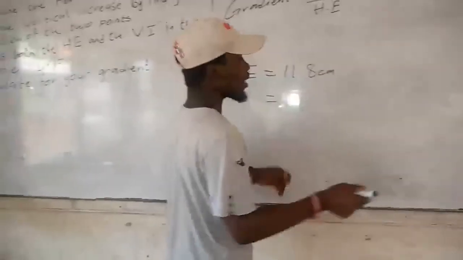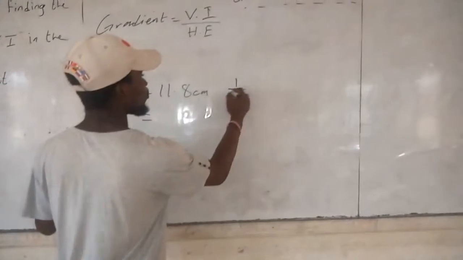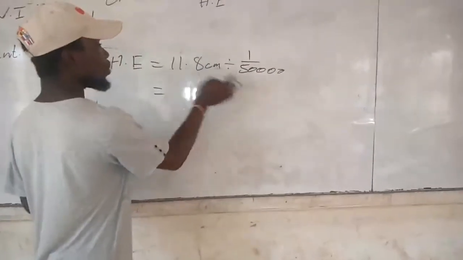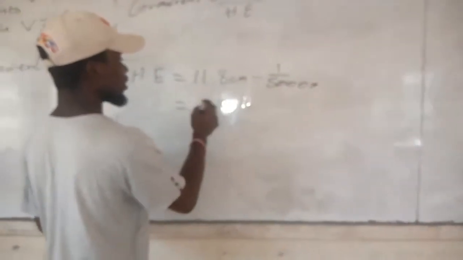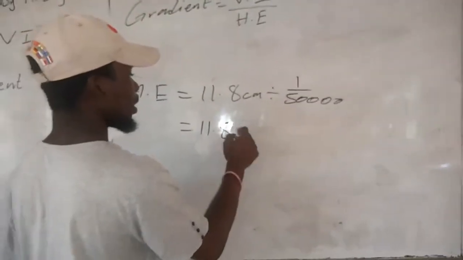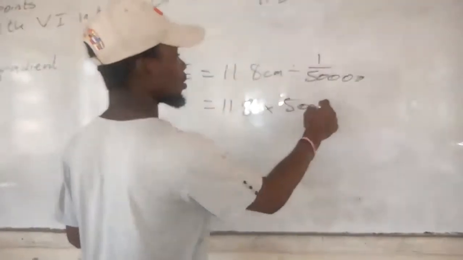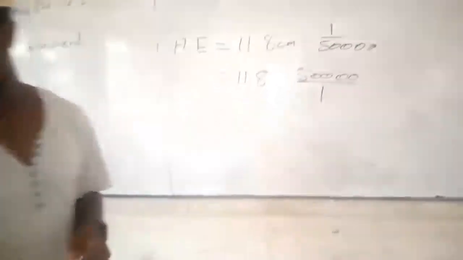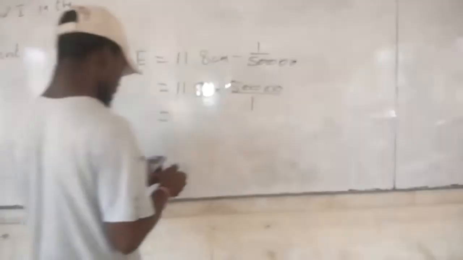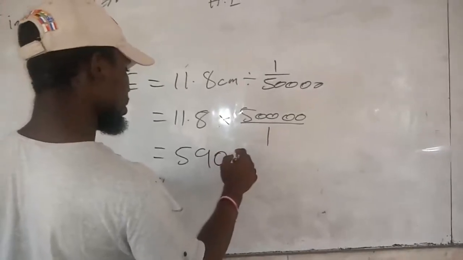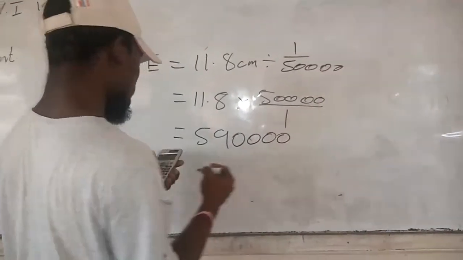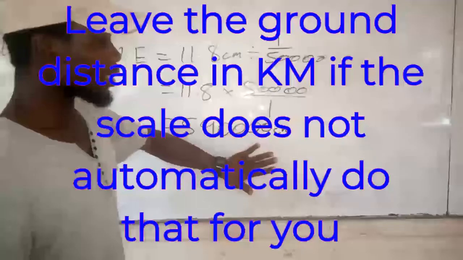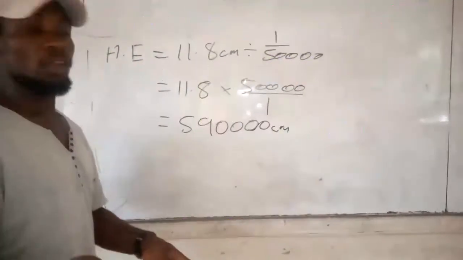Now, based on the scale, and the scale is 1 to 50,000, we multiply 11.8 by 50,000 over 1, which gives us 590,000 centimeters. This we then convert to meters or kilometers.